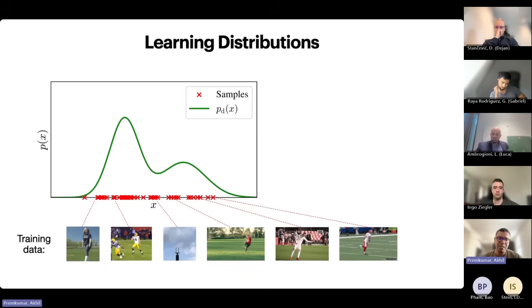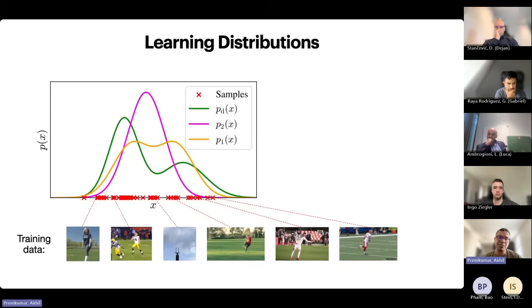Importantly, there's only a finite number of these samples, and they live in a super high dimensional space. Therefore, the data is both finite and very sparse. Now, in this scenario, you have the problem that there are many distributions that could have produced the exact same set of samples.